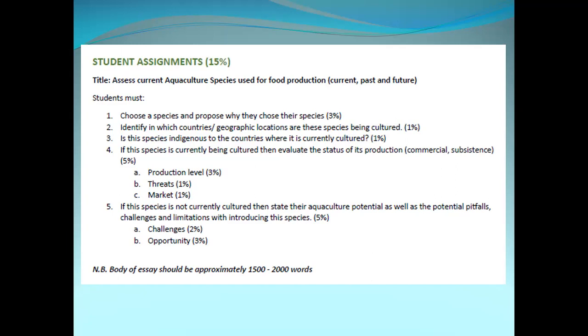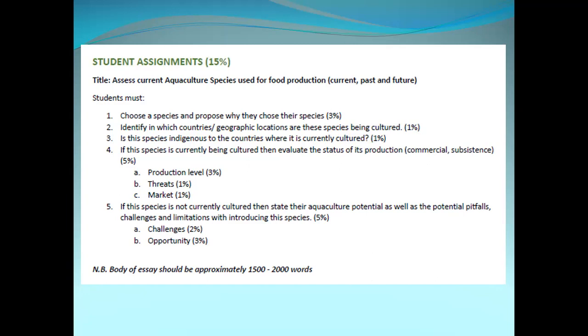All the reasons why. However, you could also suggest a species. It doesn't have to be cultured here in Trinidad. You could say, well, I think a piranha is a good species for aquaculture. It could be anything. A piranha grows to this size within this amount of months. It feeds on food that is relatively inexpensive because they're carnivorous.